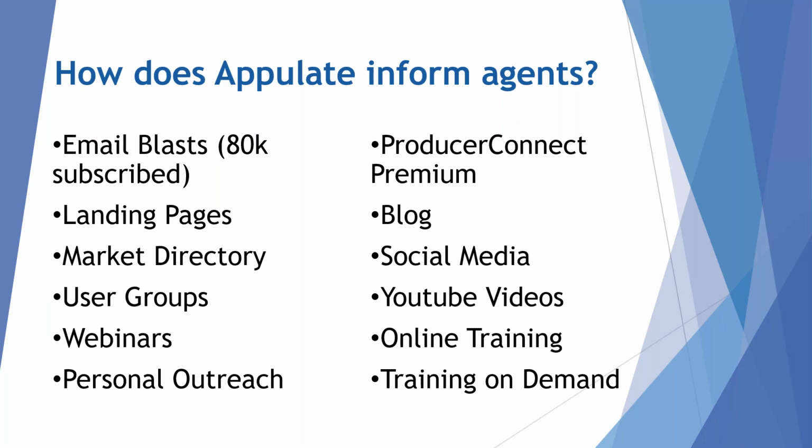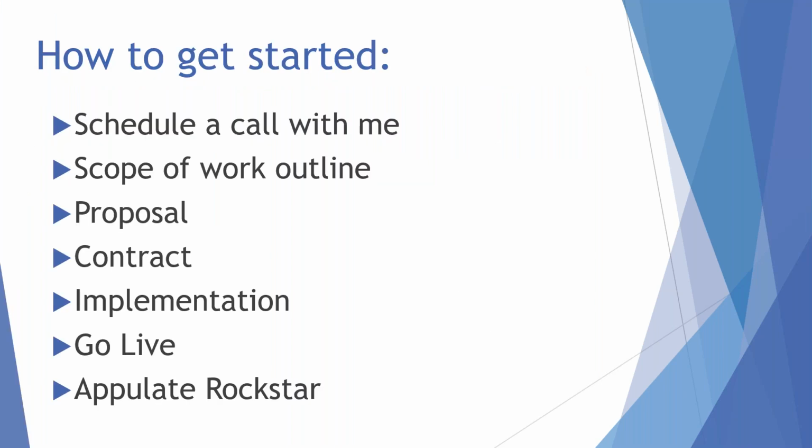We do a number of webinars, personal outreach, and we even have a premium version of Appulate, because Appulate is free for agents to use, but a number of agents pay for additional features in our system, so there's a lot of commitment in there. And of course, like everyone, we do the blog, social media, and YouTube. We have online training and training on demand as well.